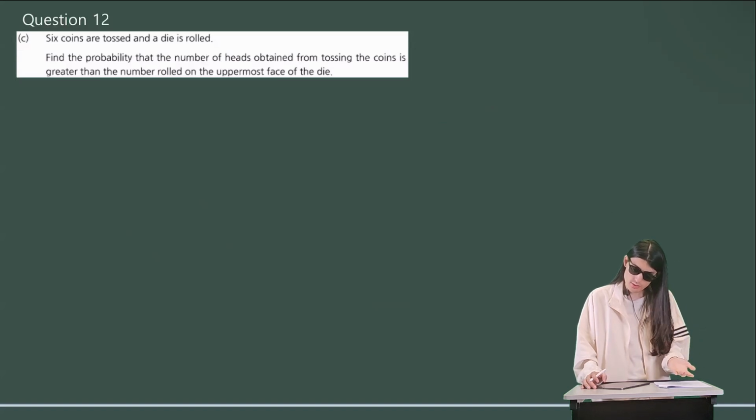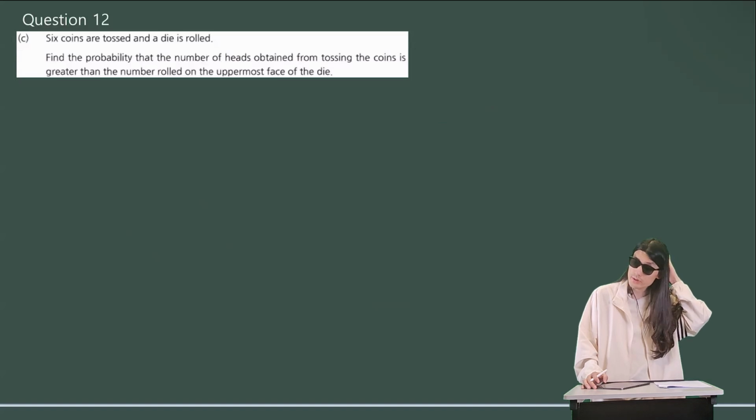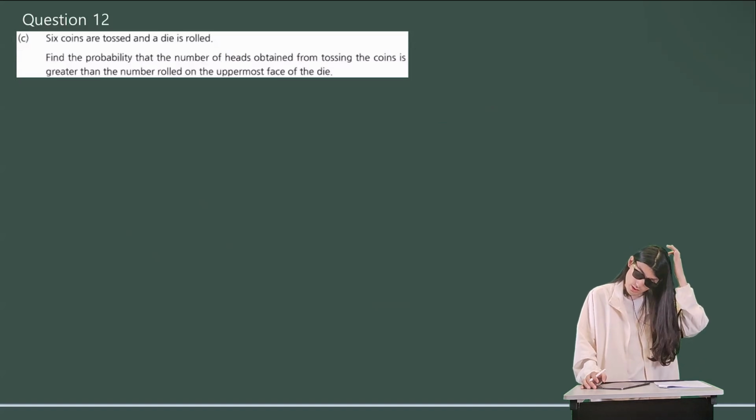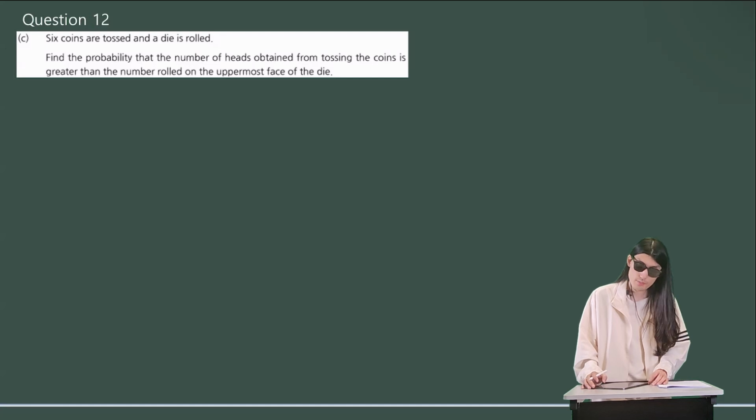Your question says you're tossing 6 coins. So just imagine you're tossing 6 coins, and at the same time you're rolling a die. And what you want is the number of heads from the coins to be greater than the number rolled on the die.